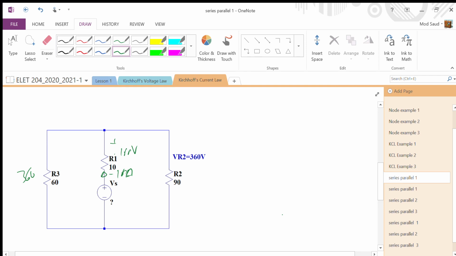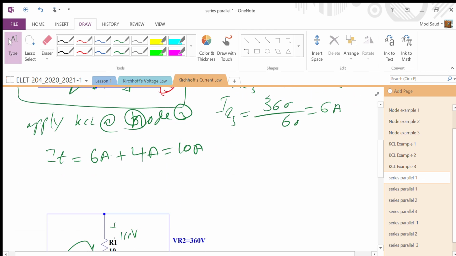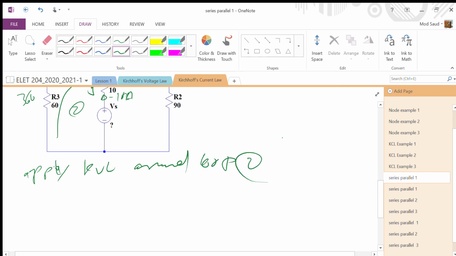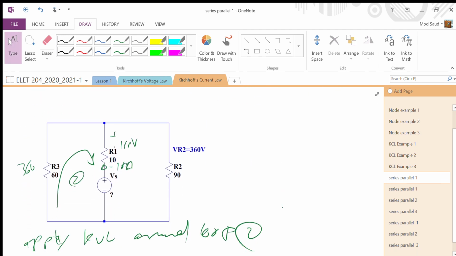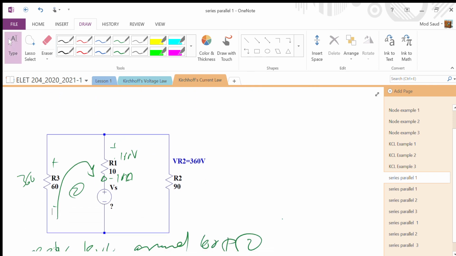Now KVL. I will apply KVL in a loop. I call this loop 2. So apply KVL around loop 2. What we get from the current direction: this is positive, this is negative, and this is positive, negative.